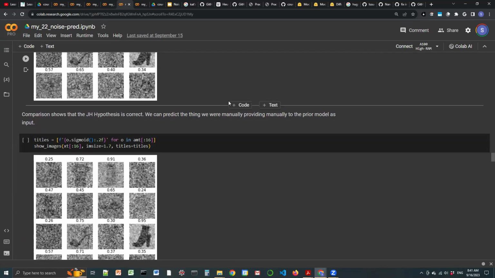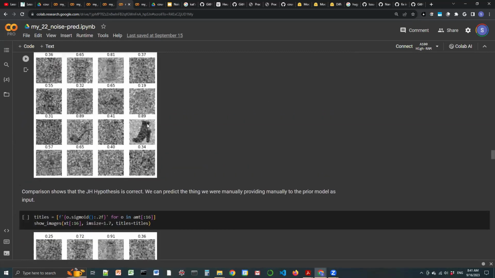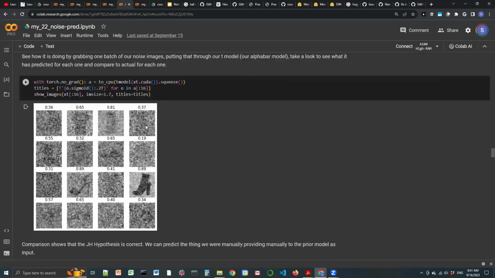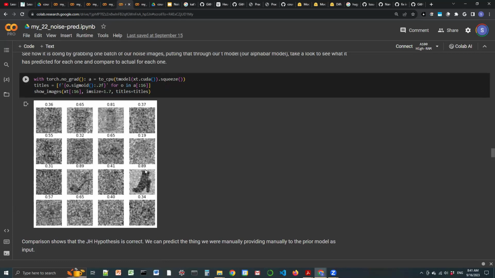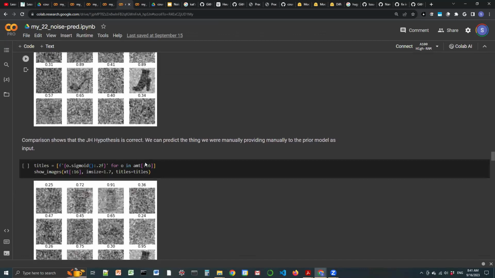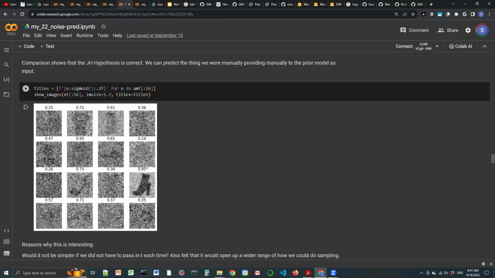I've seen this before I started using the latest diffusion model. If you compare, this model, for example, says that this particular shoe has a value of 0.89 in terms of alpha bar t, right? Now, that's what it predicts. The actual shows it's 0.95.